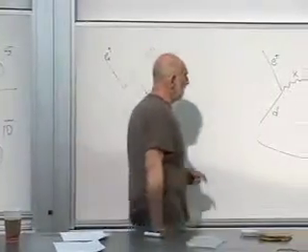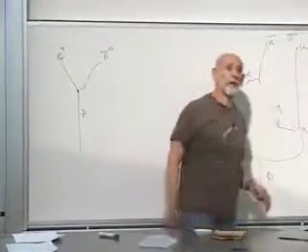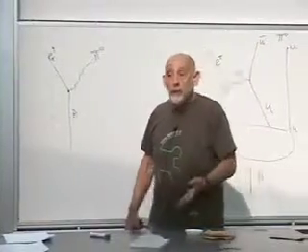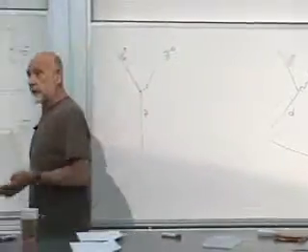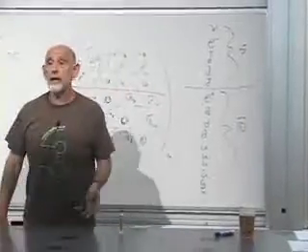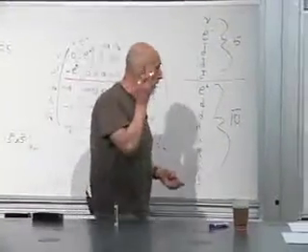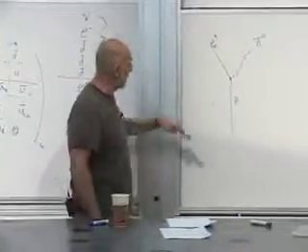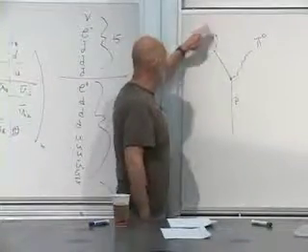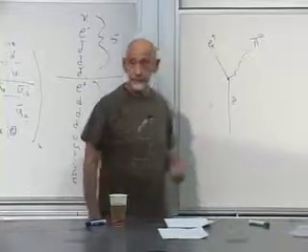Another thing that could happen is the U quark and the anti-U quark could annihilate and make a photon. This would be a little less likely because there's an extra factor of the fine structure constant in the probability, but that's another process that can happen. Proton becomes positron and photon.